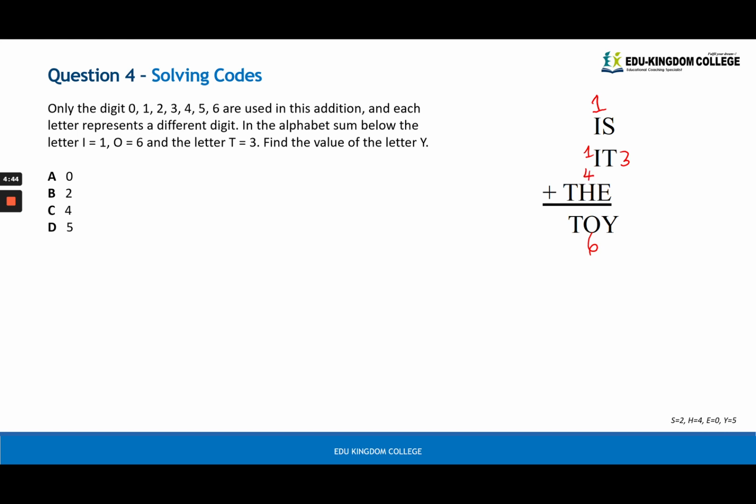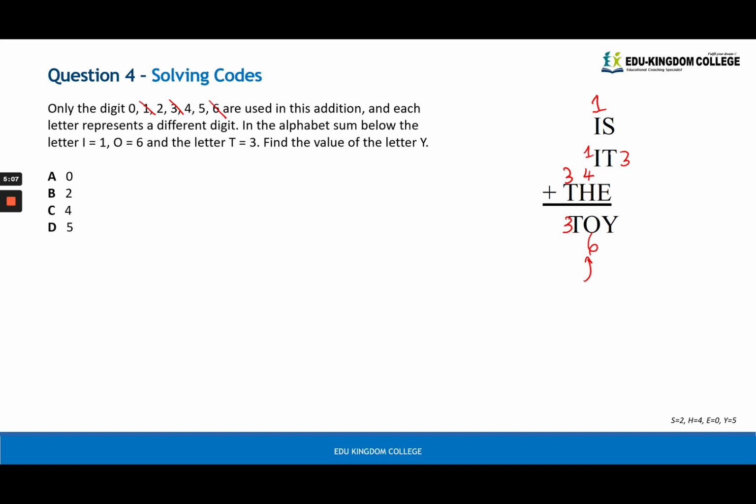So which ones have we done? We have done 1, we have 3, and we have 6. Okay, so the next bit, the T we know is a 3. So we'll put 3 and 3 here. And we have 0, 2, and 5 left over. So we know that there is no carry-on because O is a 6.